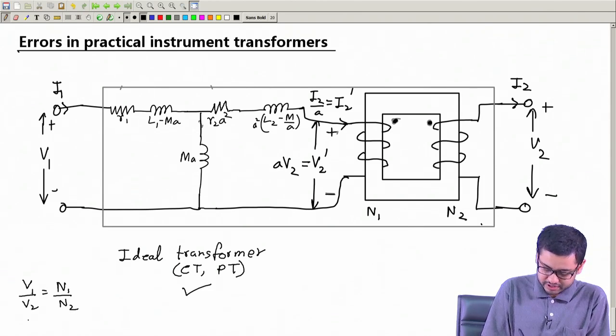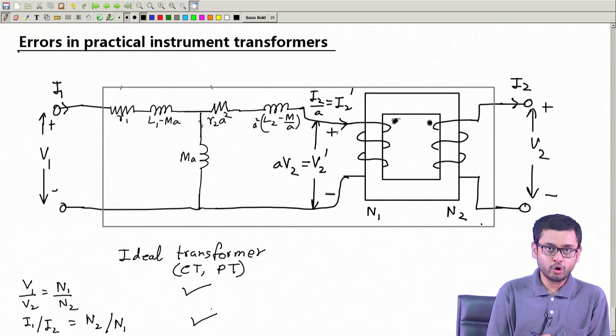Similarly, I1 by I2 is equal to N2 by N1, this also holds.